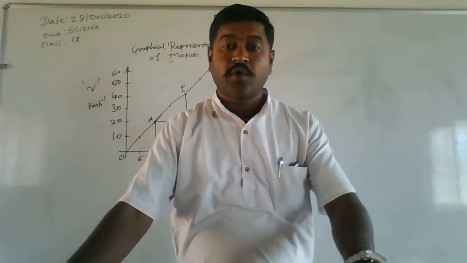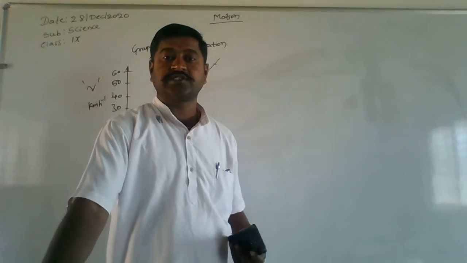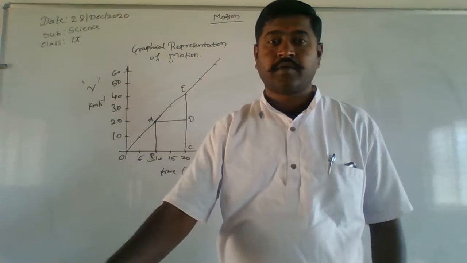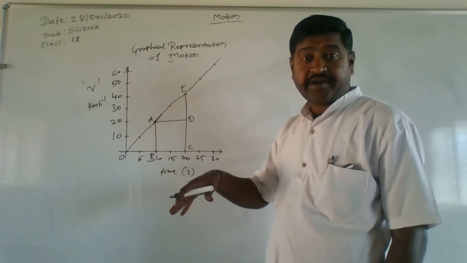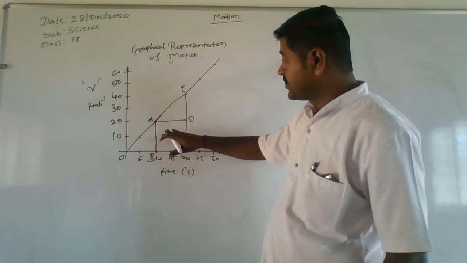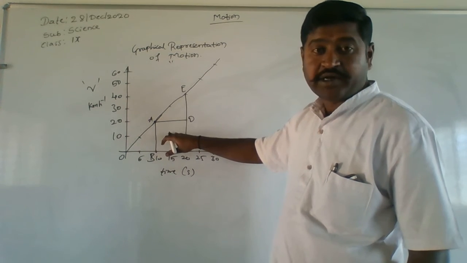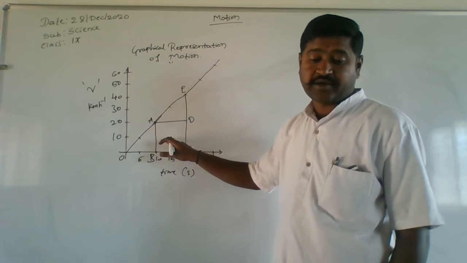Now what we have to do? We have to find the area of this rectangle as well as the triangle. So here we can find the distance covered by the object, right? That is by calculating the triangle's area as well as the rectangle's area.